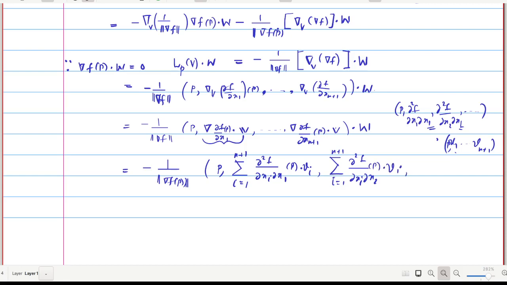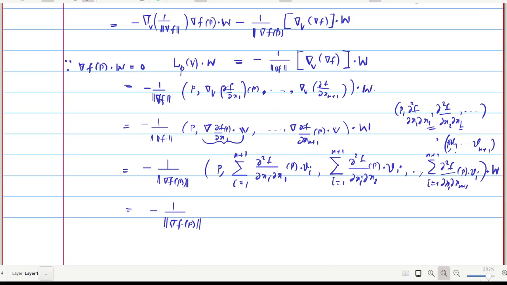Okay, now the last term will be summation i equal to 1 to n plus 1 dou square f by dou xi dou xn plus 1 at the point p times vi. Okay, so this constitutes this vector, dot we have w. Okay, now we write this is equal to minus 1 by norm of del f of p.